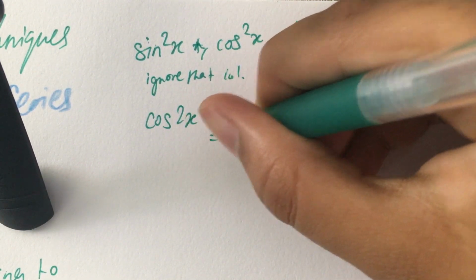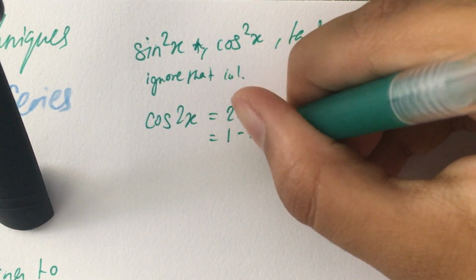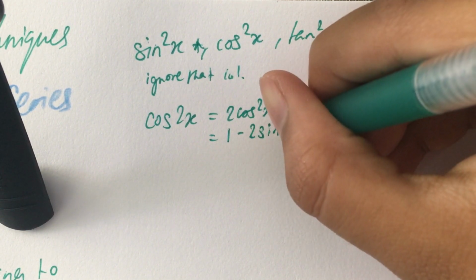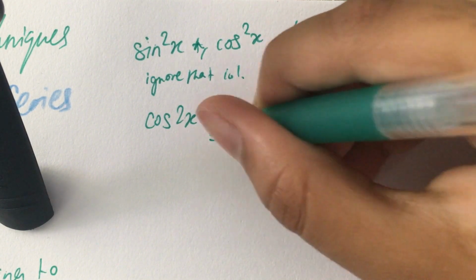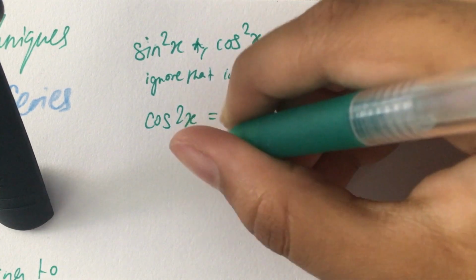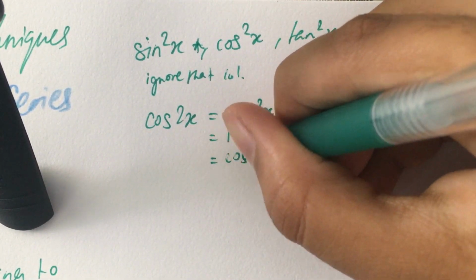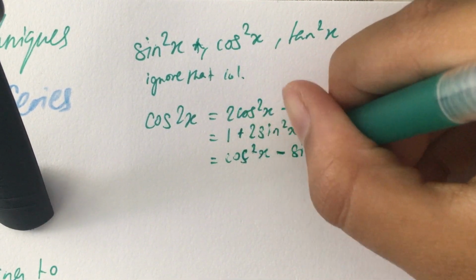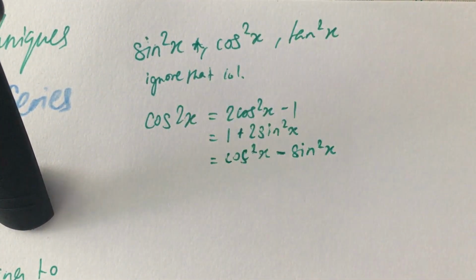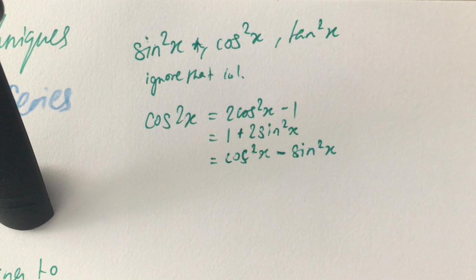For example, sine square x would become... no, sorry. Now I remember what you're supposed to change it to. You're supposed to change it to sine 2x. I'm so sorry. So you should change your sine square, your cosine square to sine 2x or cosine 2x.